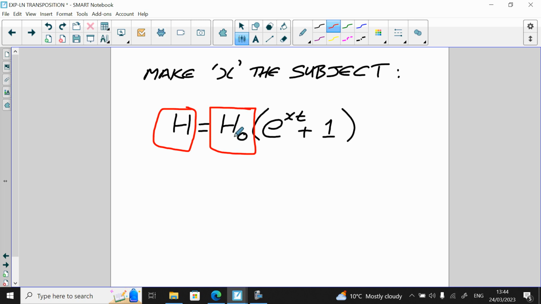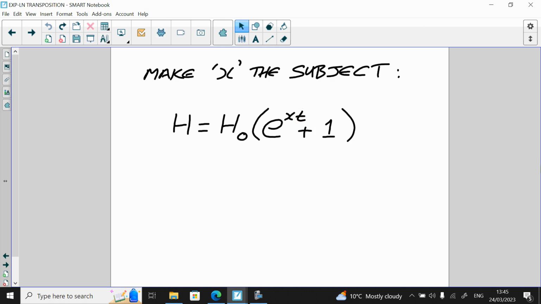It would be a fixed constant throughout a problem. But then this one here lets you work out any other value of h, probably depending on time. And x will probably be a constant. That doesn't matter. But we are making x, we're sticking with x at this moment in time. X is going to be our subject.